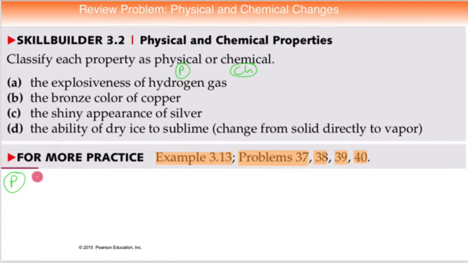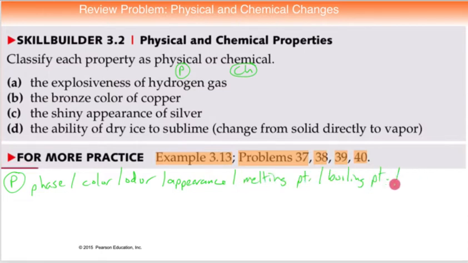This is talked about in more detail in the lecture, but basically it's something that is happening to the substance, or a description of the substance, that doesn't actually change the substance. For example, something dealing with phase, something dealing with color, odor, anything dealing with appearance. A physical property like a melting point or boiling point. Density, that's a physical property.